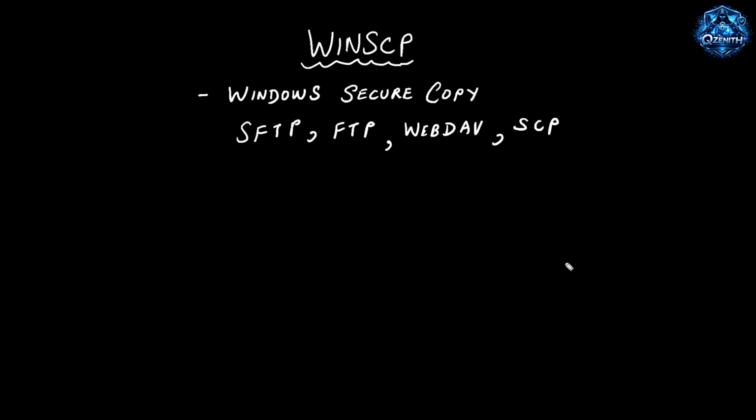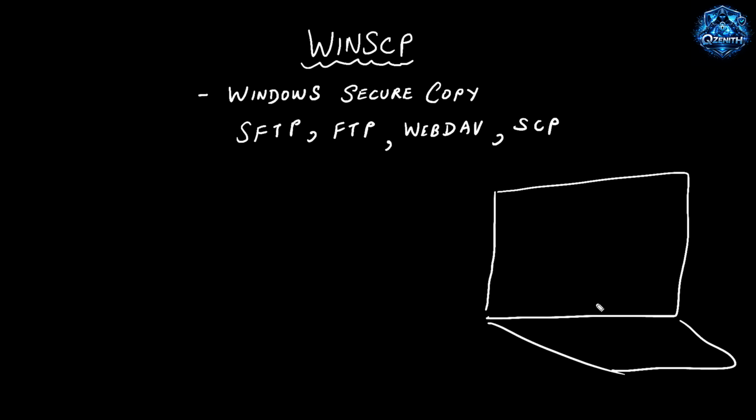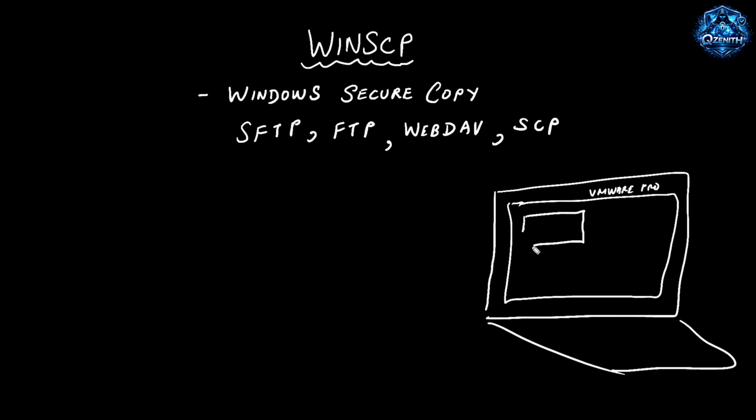Now, why do we need that? Let's say here we have our laptop, and within the laptop we have installed VMware. Now in VMware Workstation Pro we have installed EVE-NG.